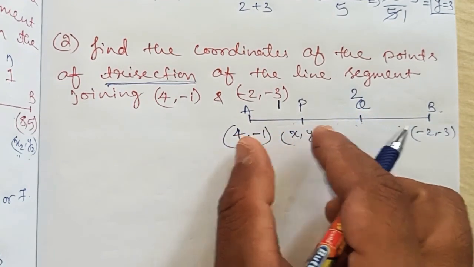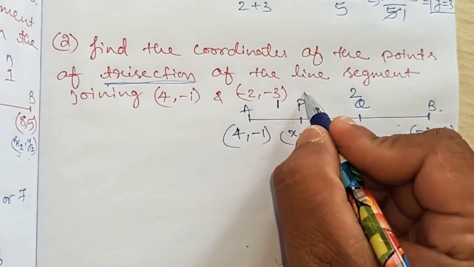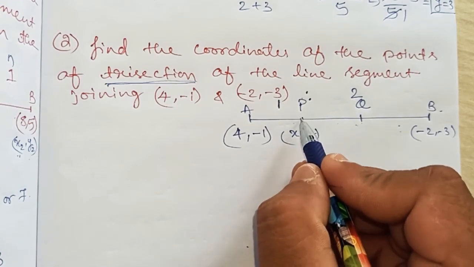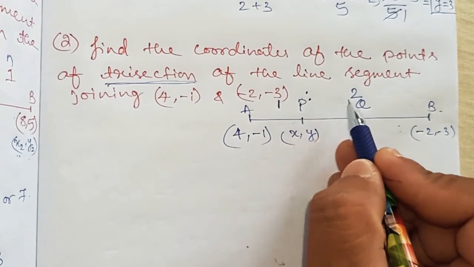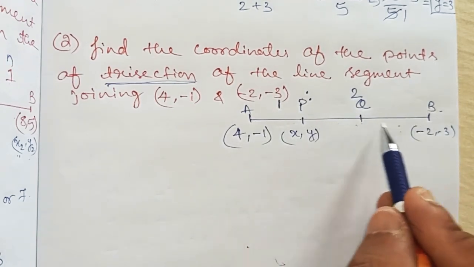This portion is 1 part and this portion is 2 parts. So the ratio is 1:2. Point P is dividing the line segment in the ratio 1:2 because this is only 1 part and this has 2 parts taken.